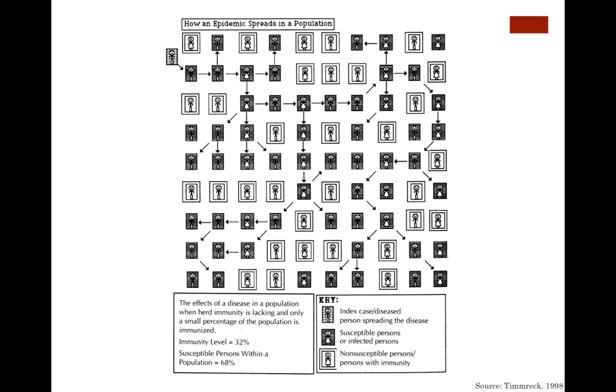And so, how does this work? Let's imagine here's a population, there are 90 individuals. The immunity level is 32%, so not very many people have been vaccinated. That leaves 68% of the population who are susceptible. So you have your little index case over here, they start spreading the disease. And the individuals in the darker boxes are those who are susceptible. And because there are so many people who are susceptible, the disease spreads quickly.